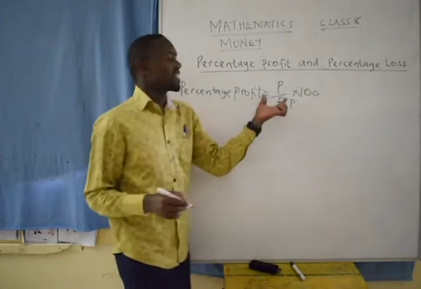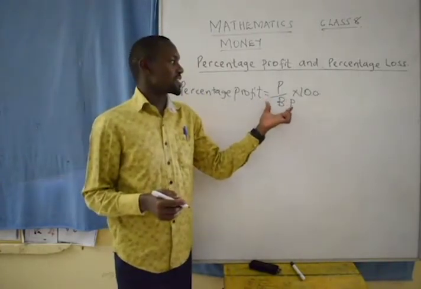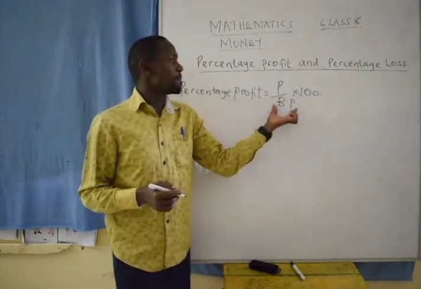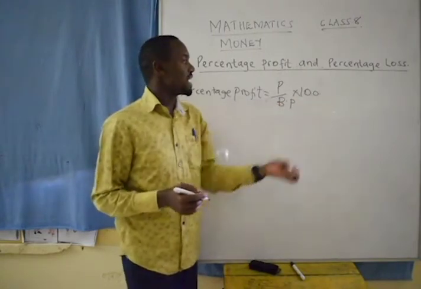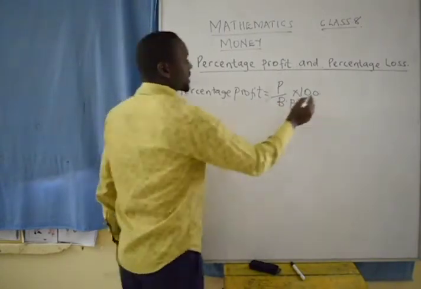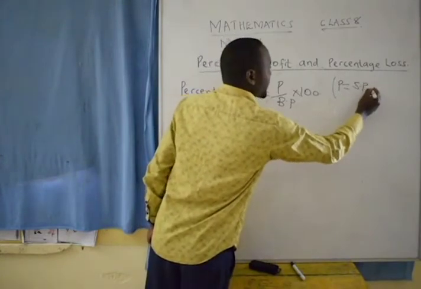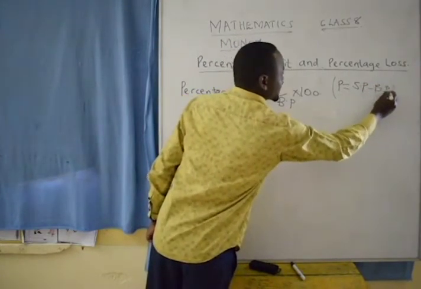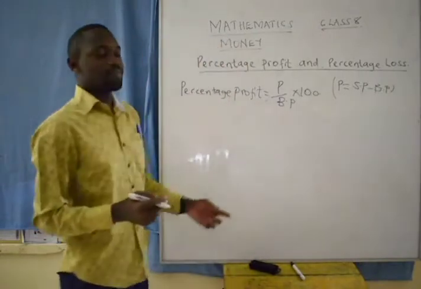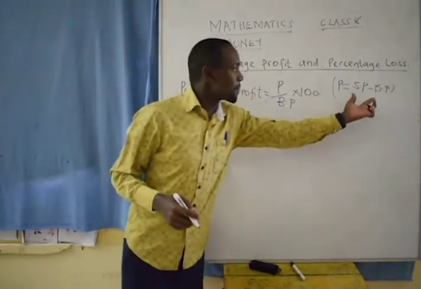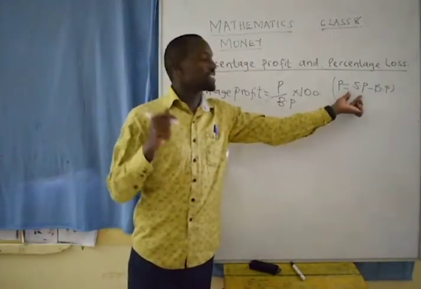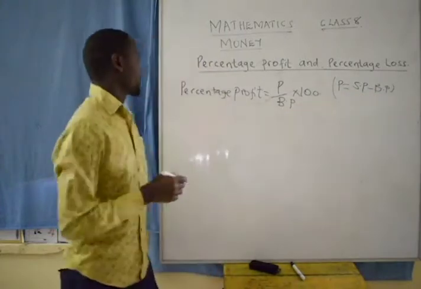That is how we get the percentage profit. Get the profit over the buying price, then we multiply by 100, whereby profit is given by the selling price minus the buying price, because the selling price is higher than the buying price.